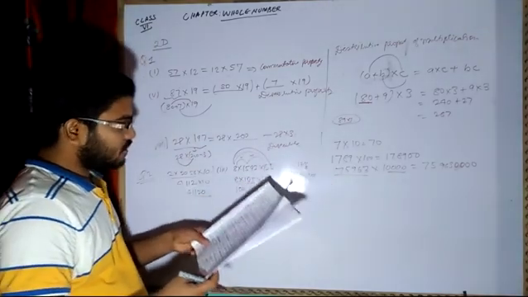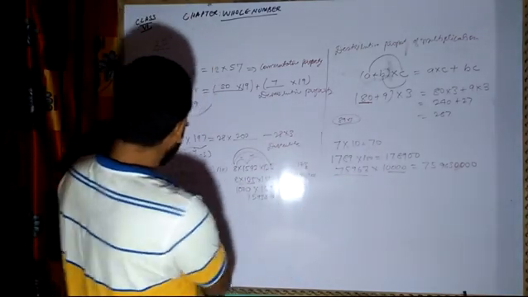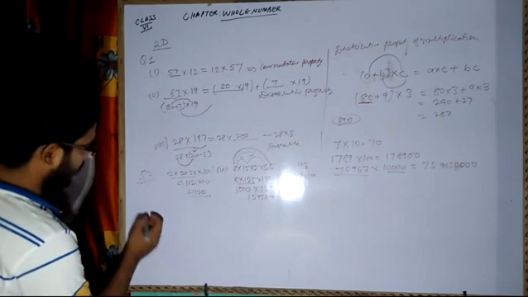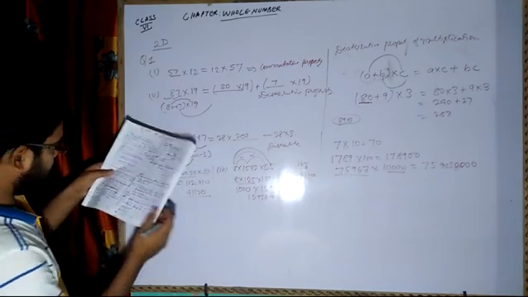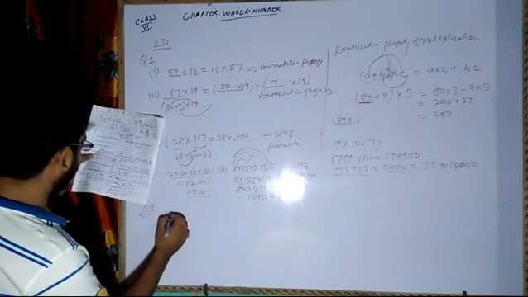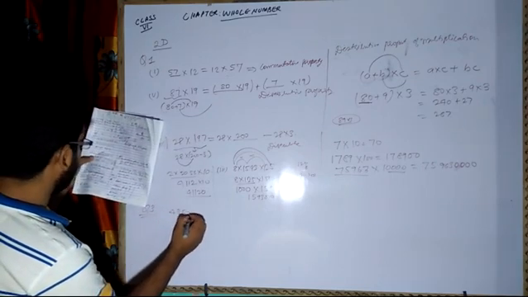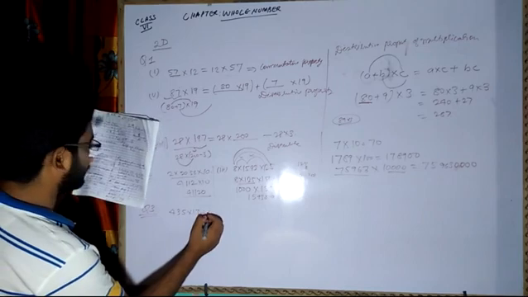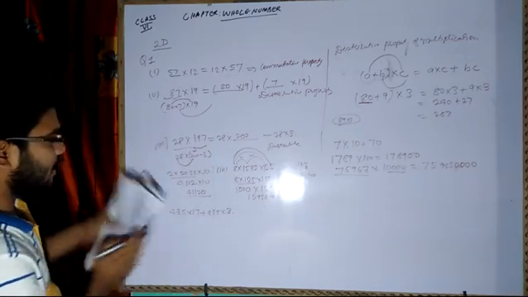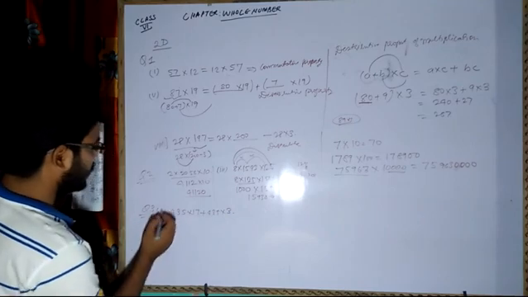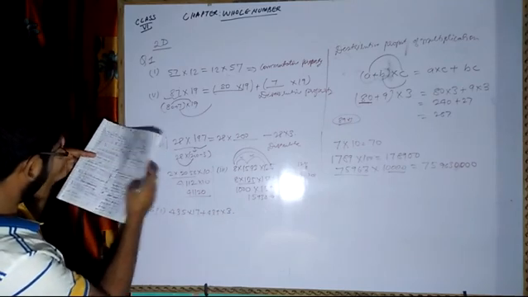Now question number 3 says that you have to apply suitable properties here. 435 multiplied with 17 plus 435 multiplied with 3. Now to multiply these types of numbers, what are you going to do?